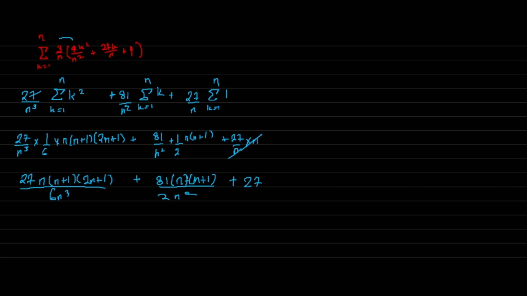And now I'm going to apply the limit. So I'm going to write the limit first, limit of n approaching infinity of this whole term, 27n into n plus 1 into 2n plus 1 over 6n cubed plus 81 into n plus 1 into 2n squared plus 27. Okay, so now I want to teach you how you can evaluate limits like this.